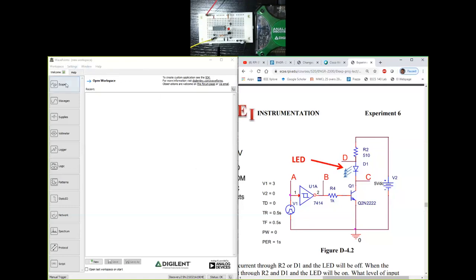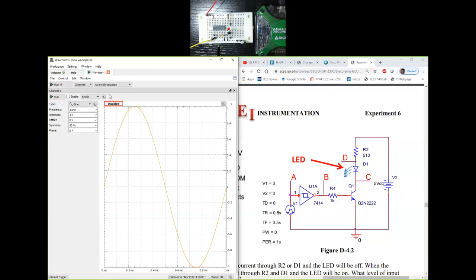So what I'll do is I'll go to WaveGen, turn that on, and right now it is a sinusoid waveform that I'm looking at. I need this to be a triangle waveform. The question is, how did I know it's a triangle waveform? Well, if you can see here, the rise time is half a second, the fall time is half a second, and the period is 1 second for this square wave or the pulse generator.